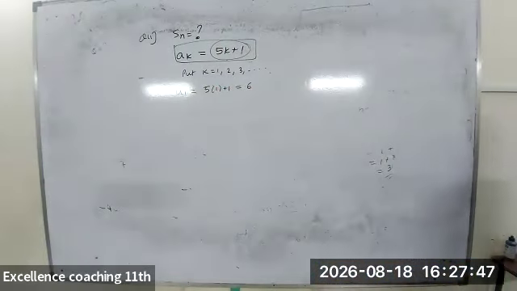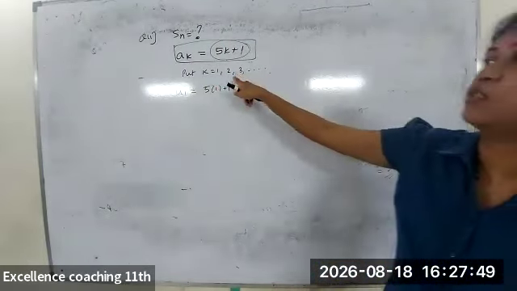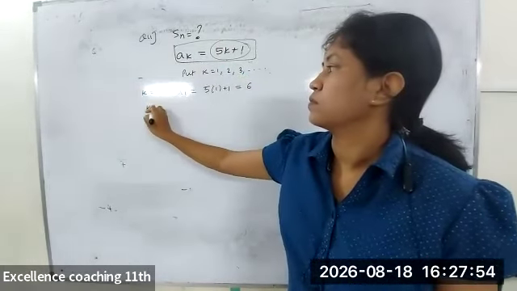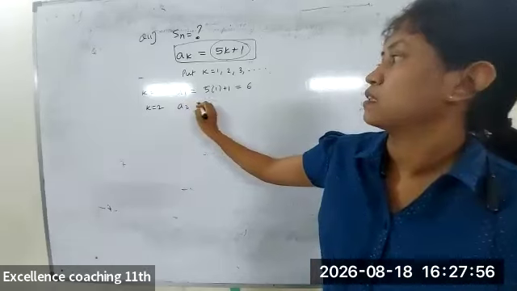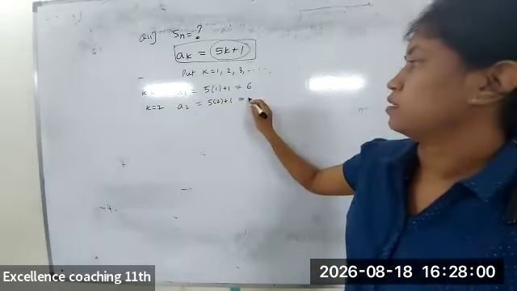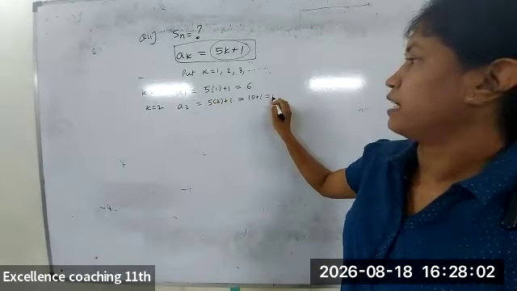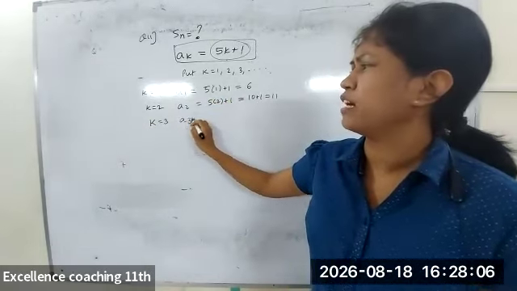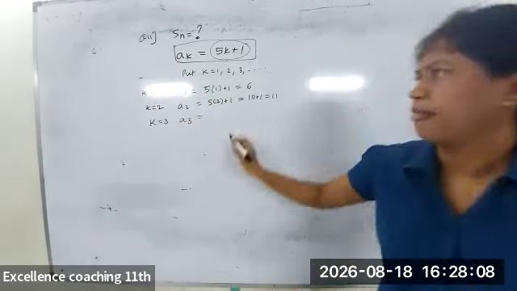Directly put the value of k. Then put k as 2. We are getting 11. Not all you need, huh? Only 3 terms also enough.